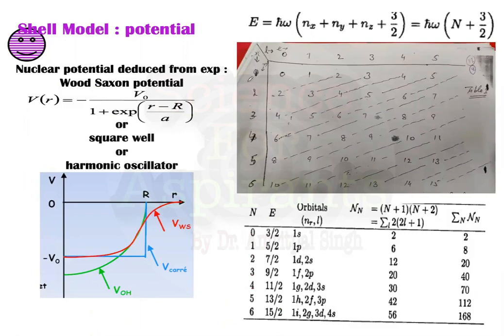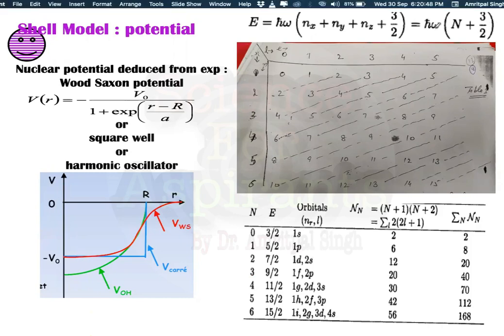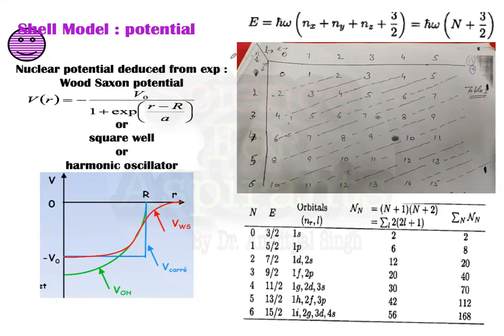They found the energy eigenvalues, and this equation is very important. Can you see this equation? E comes out to be of the order of (n plus 3/2) times h bar omega. In some books this n is written in terms of lambda. This lambda is a very important factor, known as the degenerate oscillator quantum number.